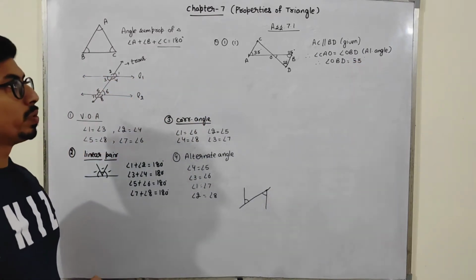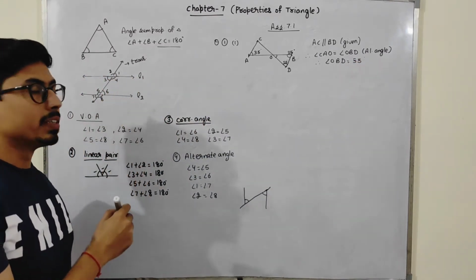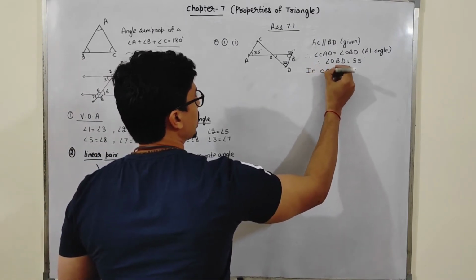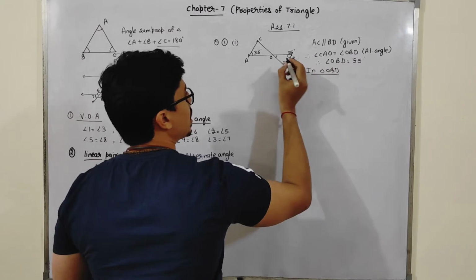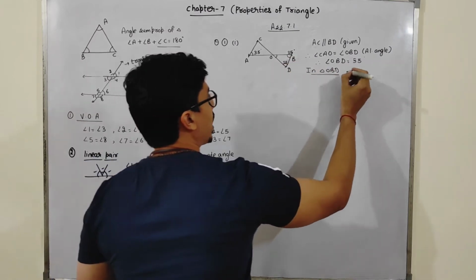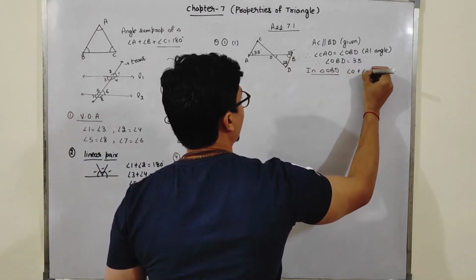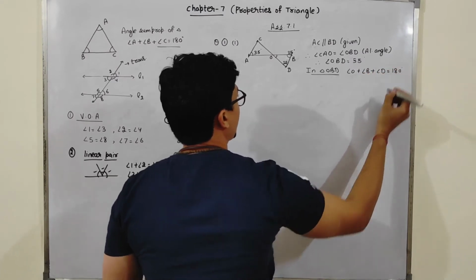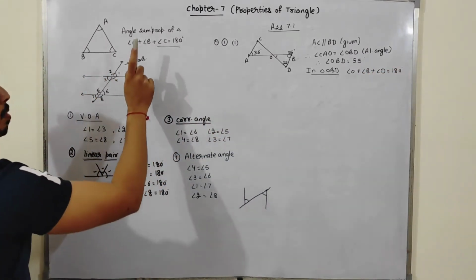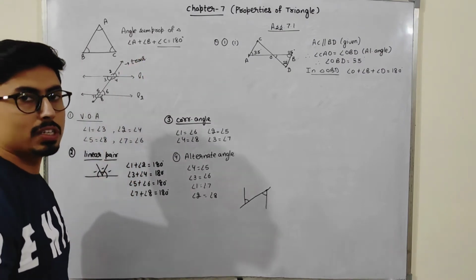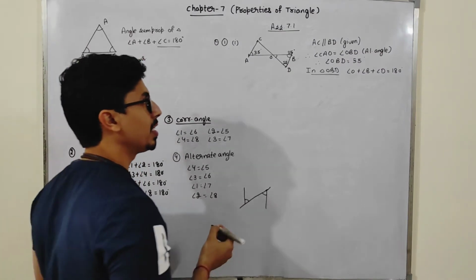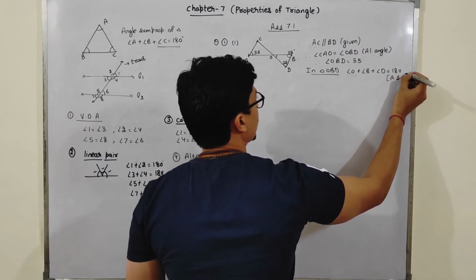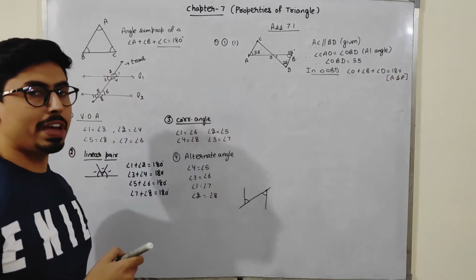Now see, students, if I take triangle OBD, in triangle OBD, the sum of these 3 angles, angle O plus angle B plus angle D, will be 180 degrees, because of the angle sum property of the triangle. The sum of the angles of the triangle is 180 degrees, so the reason is angle sum property. Now angle O we have to find out, students.